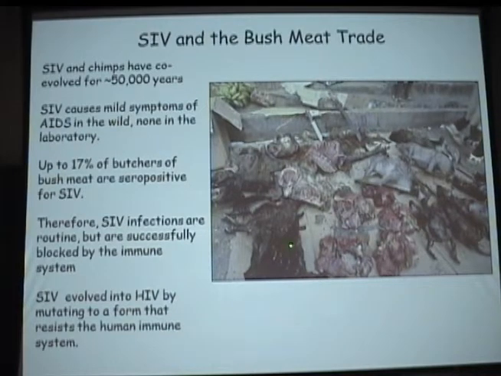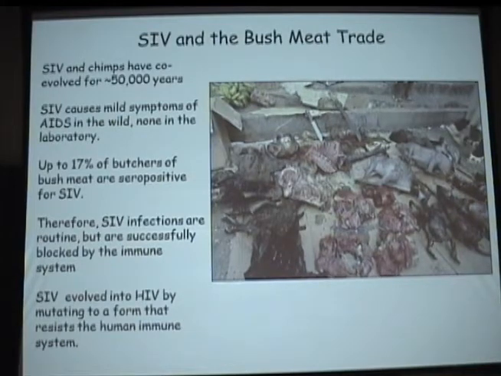So it seems as though the transmission of SIV from apes and monkeys into people has probably been going on for hundreds of years, but they were fought off. The immune response did its job, and these people were healthy. So in epidemiology, there's the disease triangle: the host, the pathogen, and the environment.